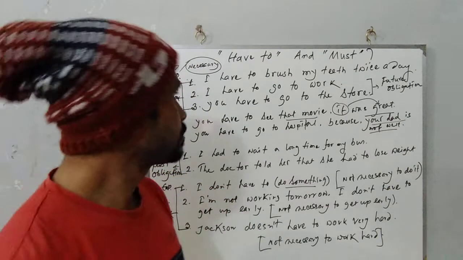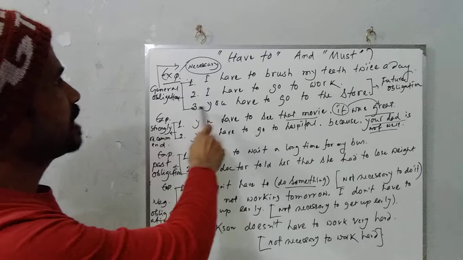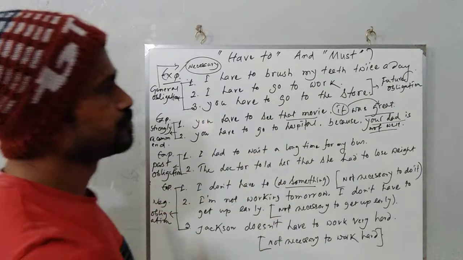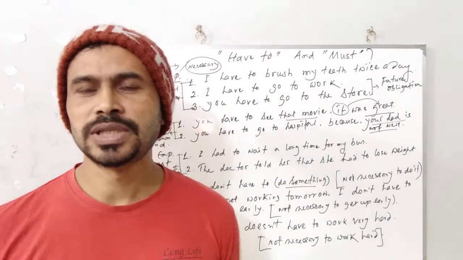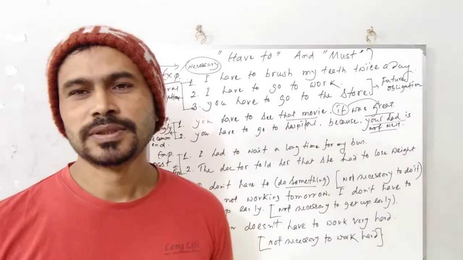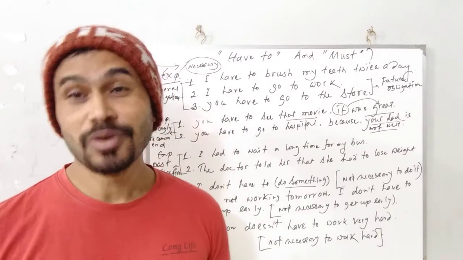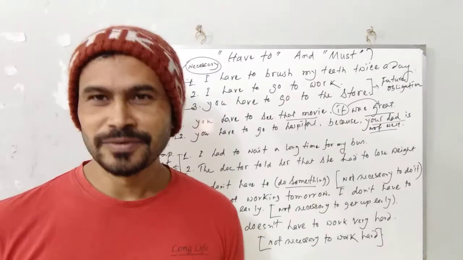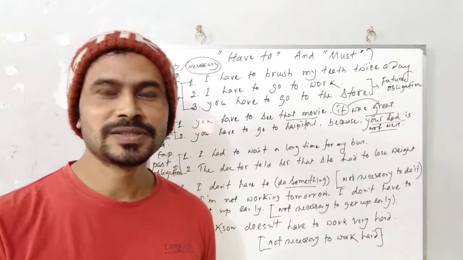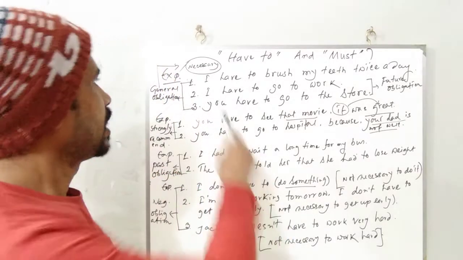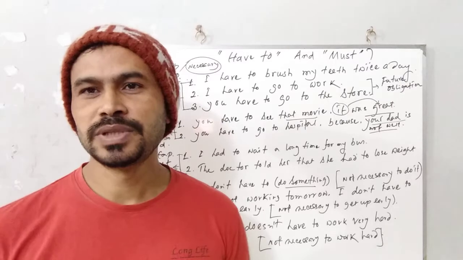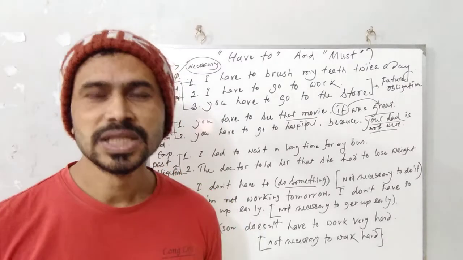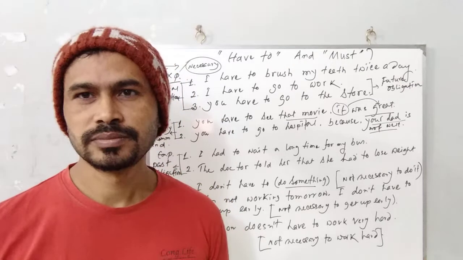Next sentence, I have to go to work. This is also general obligation, or future obligation, or necessary. This sentence means necessary. I have to go to work, that means why do you have to go to work?